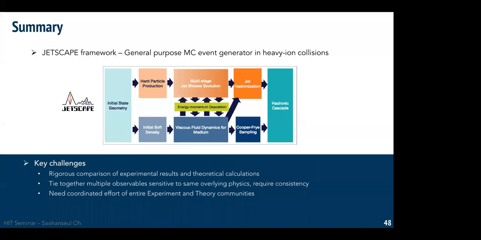And one of the examples of such efforts is the JETSCAPE. So the JETSCAPE framework is a general purpose Monte Carlo event generator for heavy ion collisions. So this basically gives a framework to compare theory and the experimental results. And this is part of our community-wide effort.